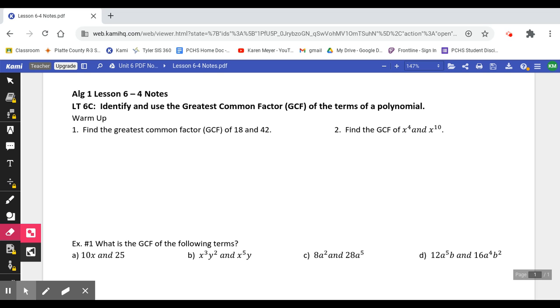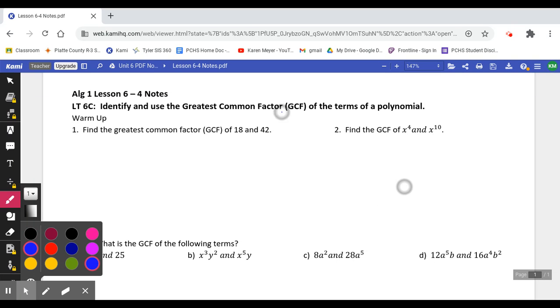In this lesson, we're going to be talking about the greatest common factor. The greatest common factor is abbreviated as GCF. And what you need to know is that the GCF, or greatest common factor, is the opposite of distributive property.